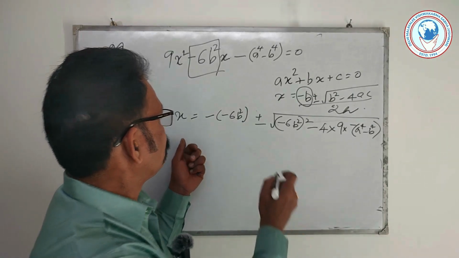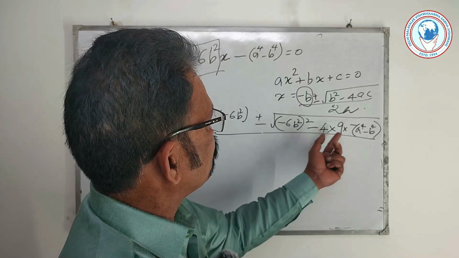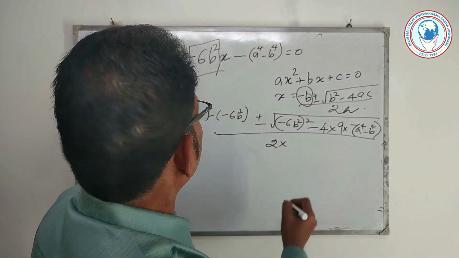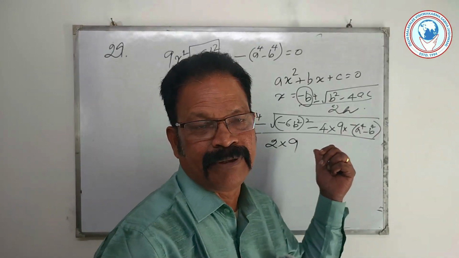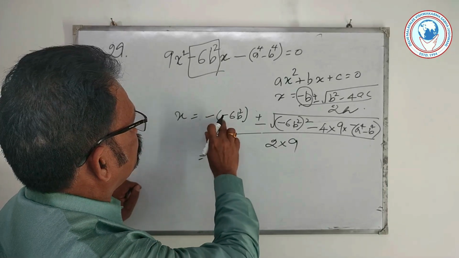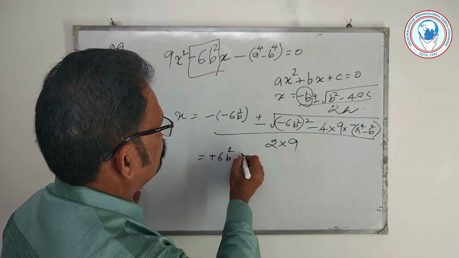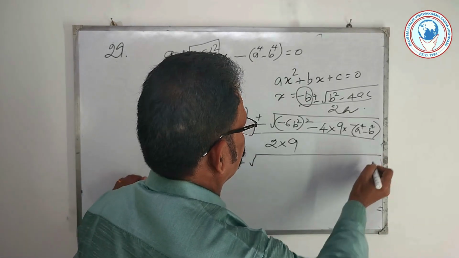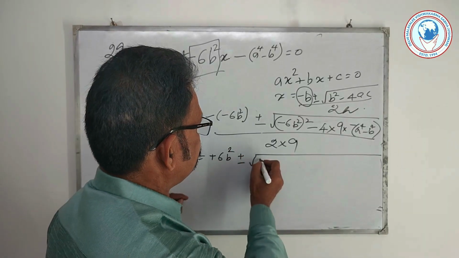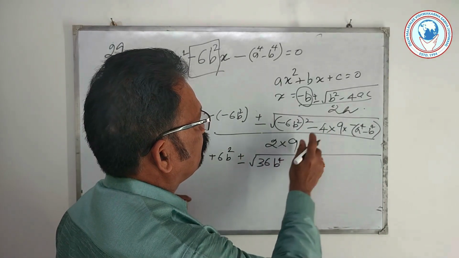So x is equal to minus b plus or minus root of b square minus 4ac whole divided by 2a. 2 into a is 18. Simplifying, minus of minus 6b square, that is plus 6b square plus or minus root of minus 6b square whole square, that is 36b raised to 4.